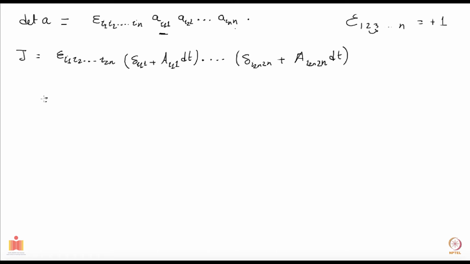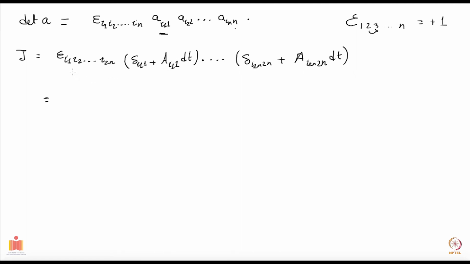Now let's collect the terms which are not proportional to dt, and then the terms which are proportional to dt, and then we will drop the terms which are higher powers in dt. The terms which do not involve dt are going to come from multiplying this epsilon with the deltas, without involving any of the A's.